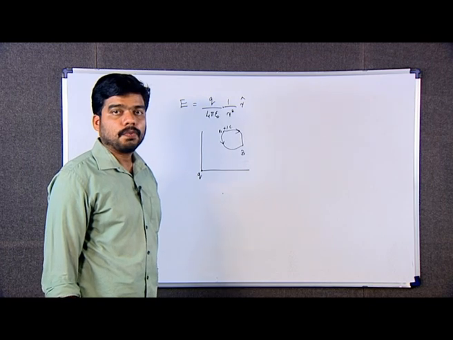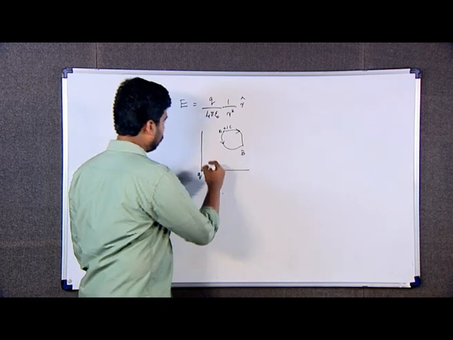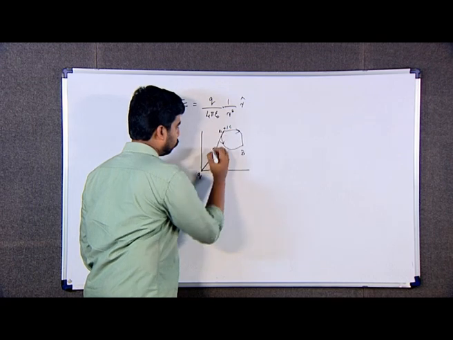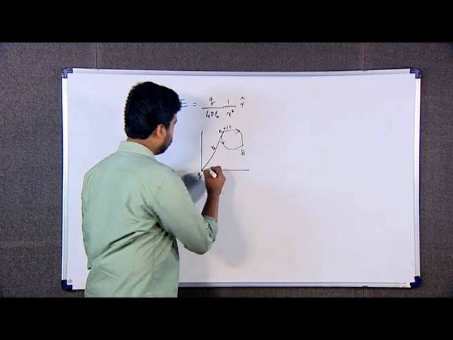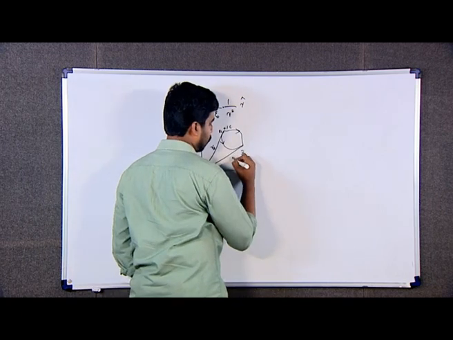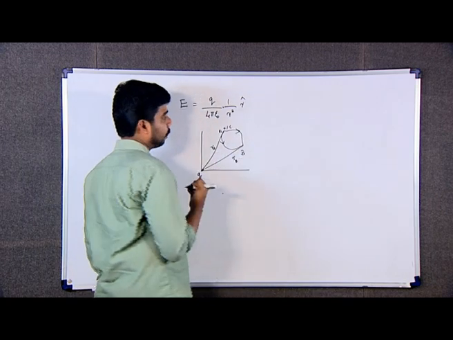Now, what is the position vector to the point A? The position vector to the point A, I am naming it as RA, and the position vector to the point B, I am naming it as RB.